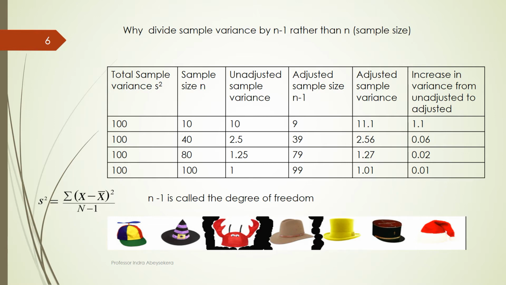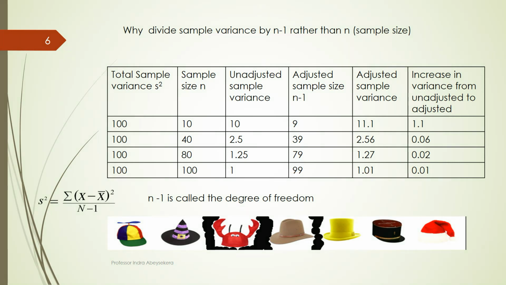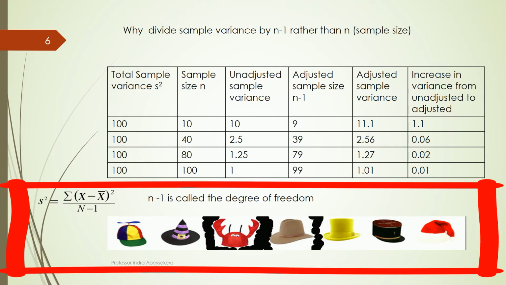So that n minus 1 is also called the degree of freedom. Another way to think about this is to think that someone has 7 hats to wear on 7 days. On the first day, the person has 7 choices to choose from.